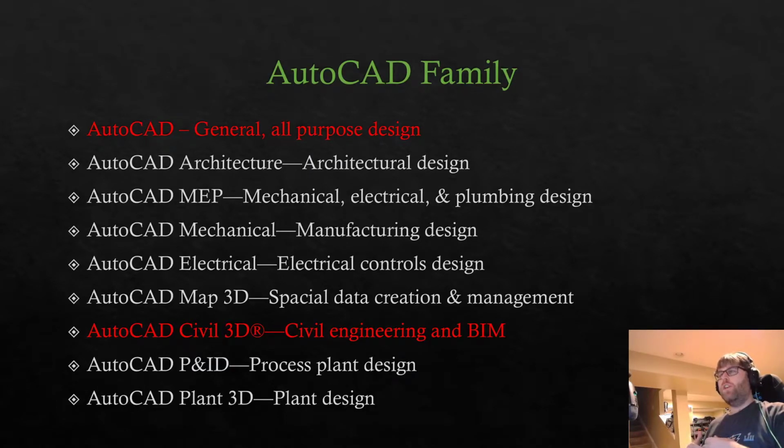So I would assume the architectural one will have a lot more materials associated with architecture. But for this class, the whole goal is to get you a solid foundation in general Autodesk and AutoCAD, so you could build on that with whatever you end up having to use.